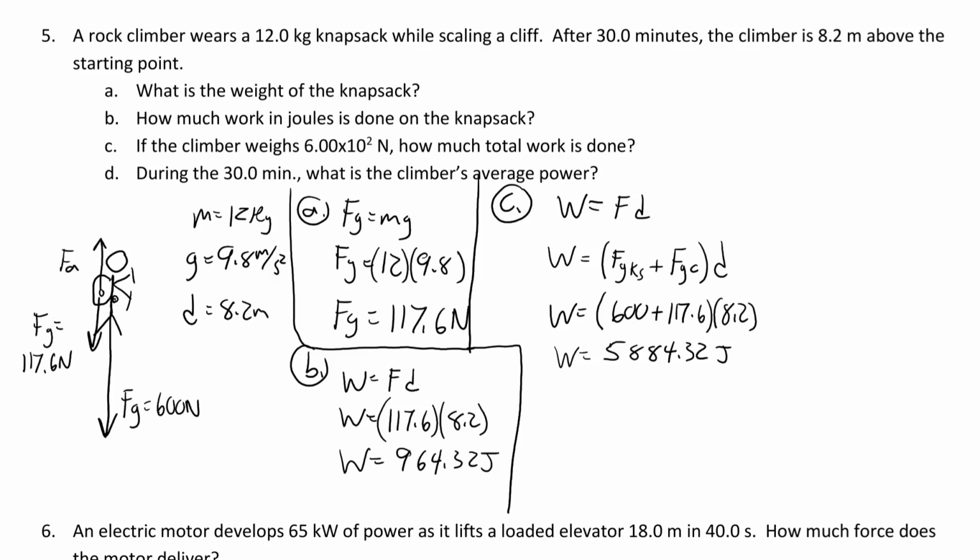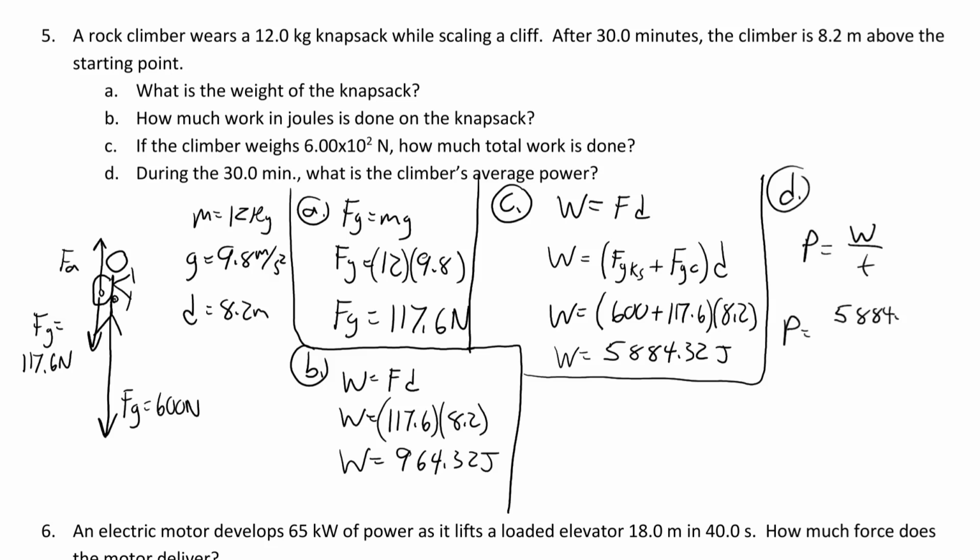Okay. D says, during the 30 minutes, what is the climber's average power? So we want to be able to do power is equal to work over time. We did all this work in finding the work, so let's use that version of the formula. So we know the total work divided by the time. 30? No, I don't think so.